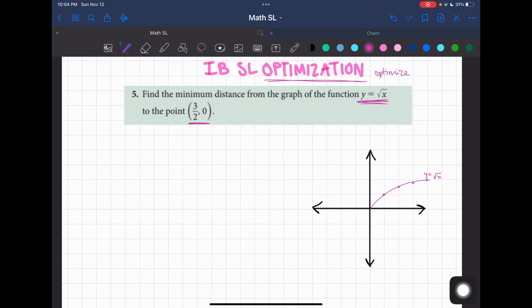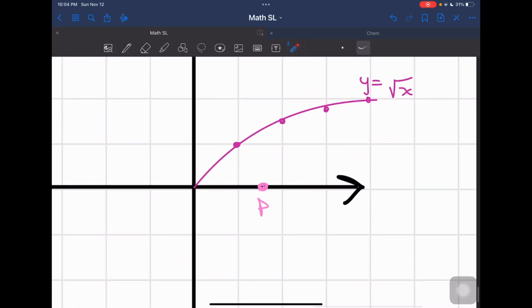Okay, so we're going to try to find, and let's put down the point (3/2, 0), which is 1.5, 0. So we have 1.5 over here, 0. It's going to be our point P, let's call it. So right now, what we're trying to see is how can we get from P to this line in the shortest way possible. We can go from P to this point over here.